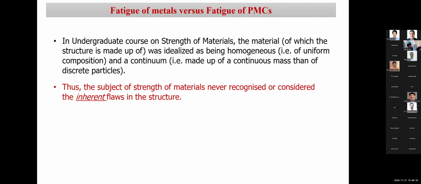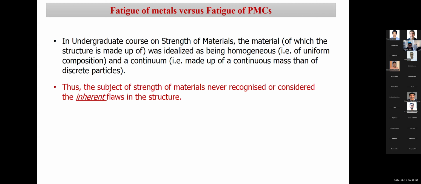Continuing with the same discussion, when we study strength of materials as civil or mechanical engineers, what we understand is an idealized material, but simultaneously we also know that inherent flaws are always there in the structure.